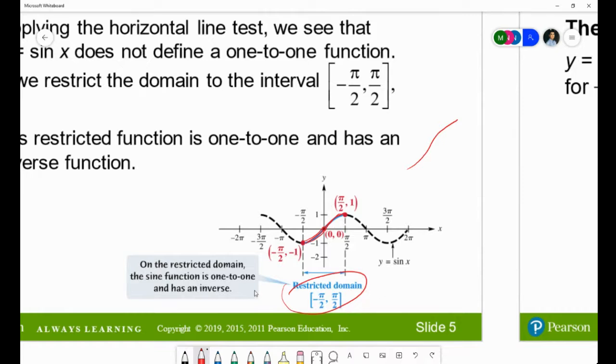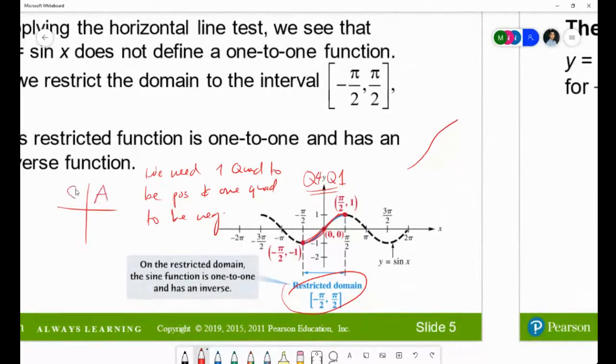Now remember that this is sine and it is restricted to quadrant 4 and quadrant 1. The reason is that we need one quadrant that is positive and one quadrant that is negative.